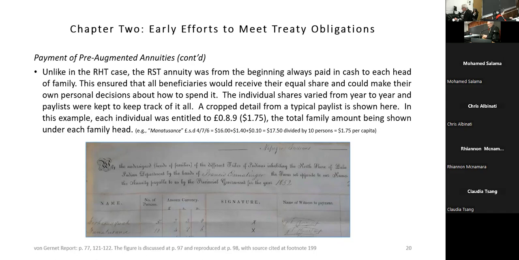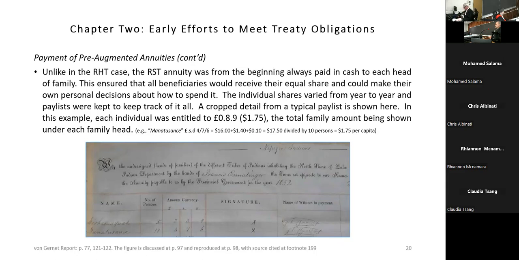And this was done at the behest of the Indian Department, who set the regulations to be used by the Hudson's Bay Company in administering it. They were asked to get these receipts and to ensure that there were witnesses.